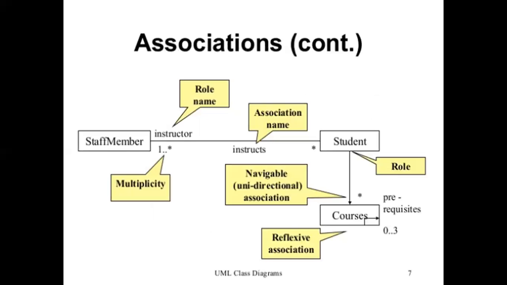Same with association, suppose a staff member is associated with students, and students are associated with a course. The student is associated with the staff member. One staff member is the class teacher of one student or a number of students, and the students study one course.